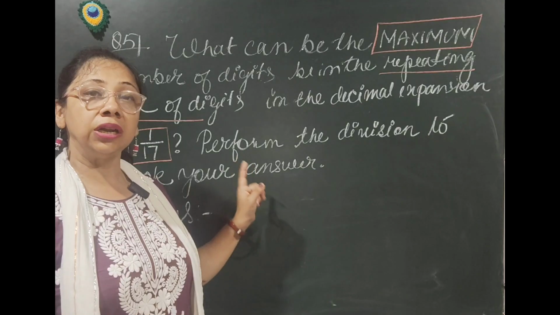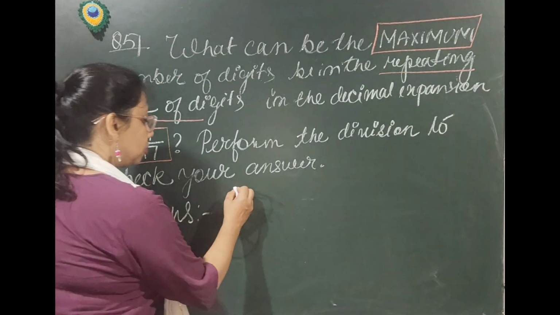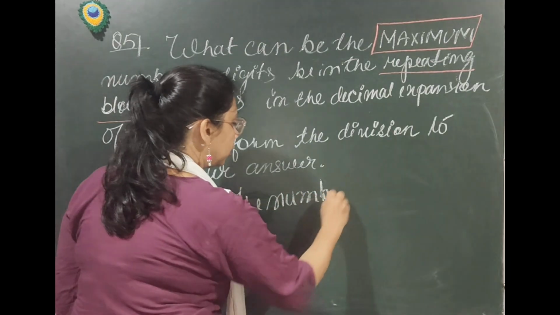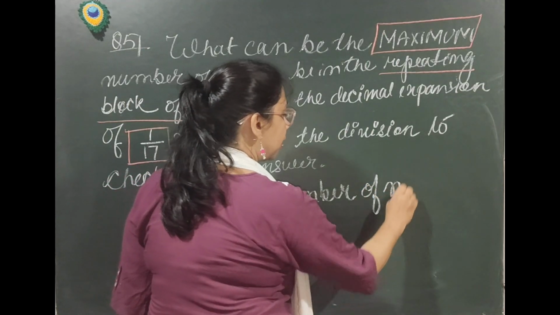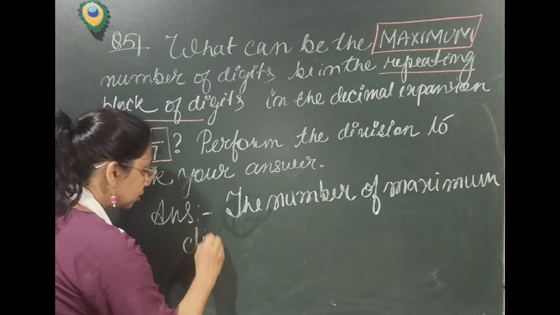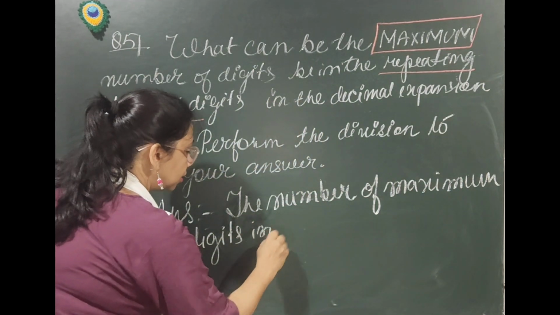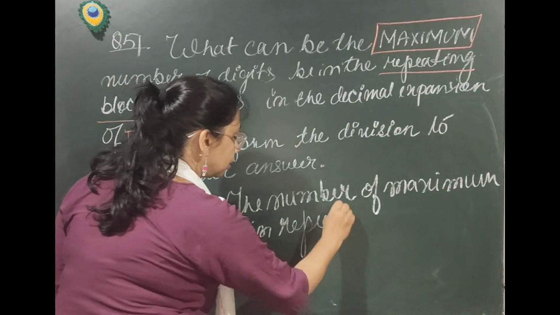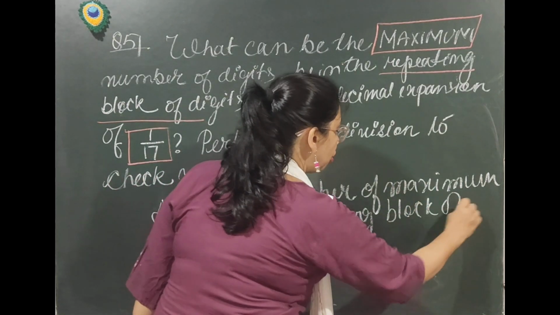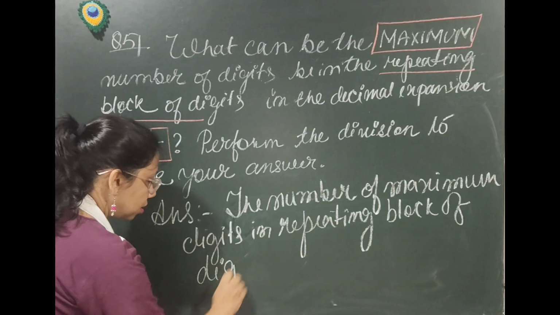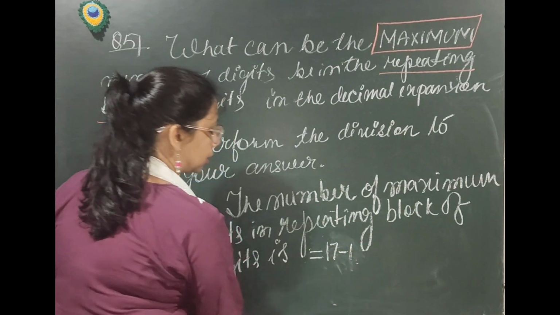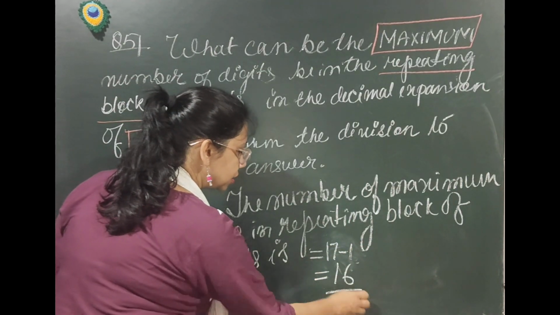As we are asked to divide 1 by 17, the required answer, the maximum number of digits in the repeating block of digits, is 17 minus 1, that is 16.